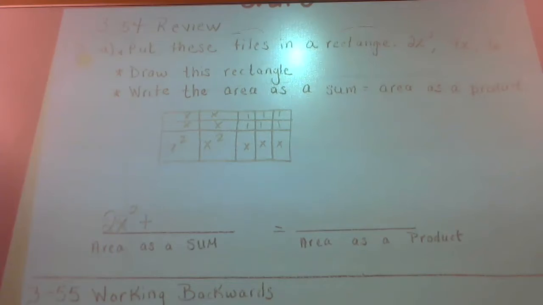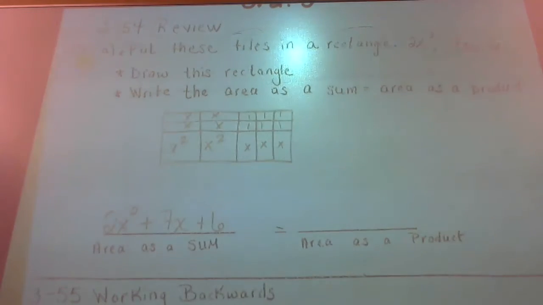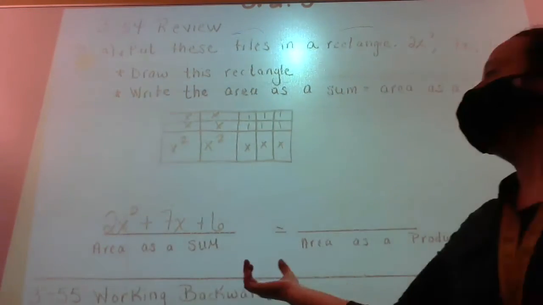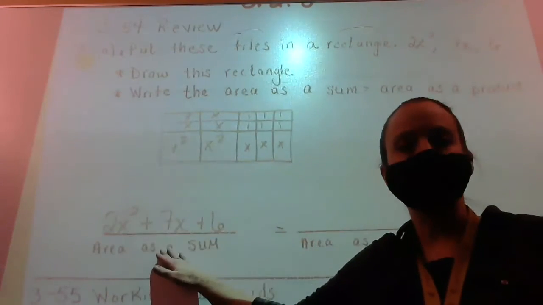So I'm going to add 7 orange tiles, and they have an area of x. So I have 7x tiles. And now how many yellow tiles or unit tiles do we have? 6. So I'm going to add another 6. That's one way you can write the area. Now you're going to see in your review previews, write the area as a sum. That's what it's talking about.